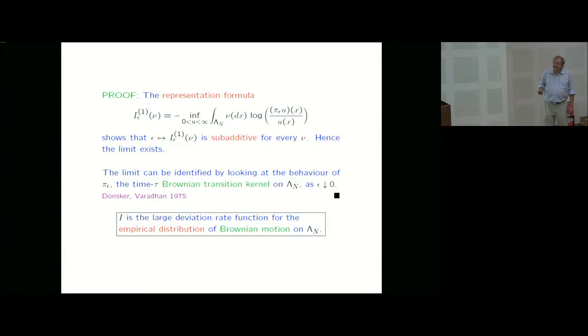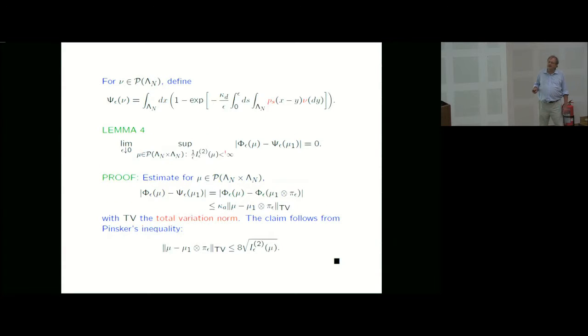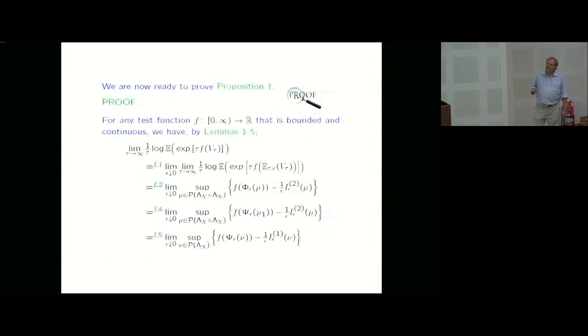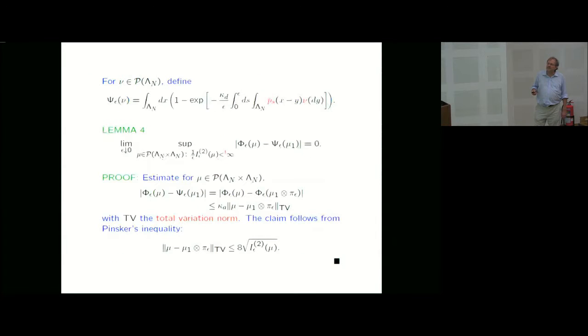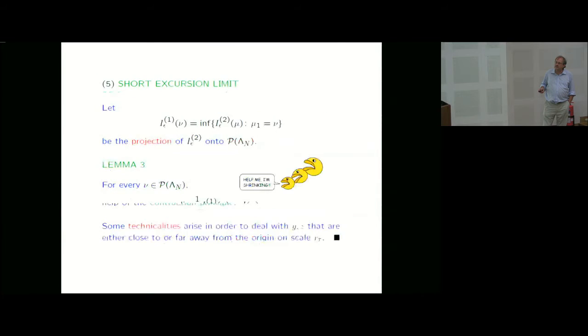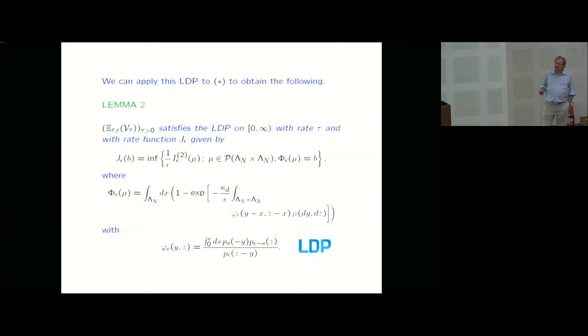Okay, so if I put that all together, I am going to end up with a nice formula. And in order to put that formula down, I'm going to take two more steps. I'm going to approximate this functional by something much simpler, by saying if epsilon is very small, what does this thing become?